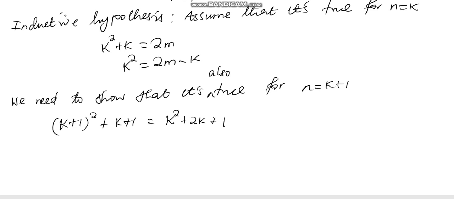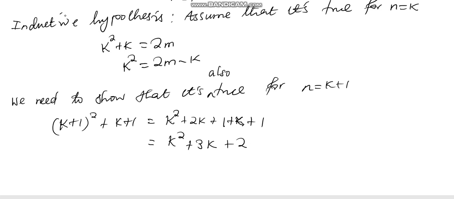Then we still have the k plus 1 this side, so we have our k plus 1. So then this expression simply becomes k squared plus 3k plus 2.